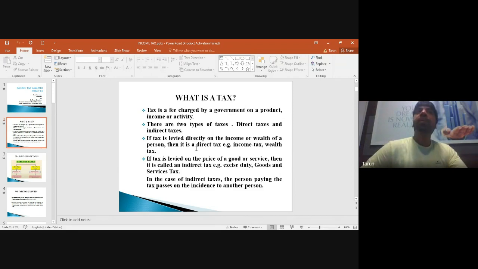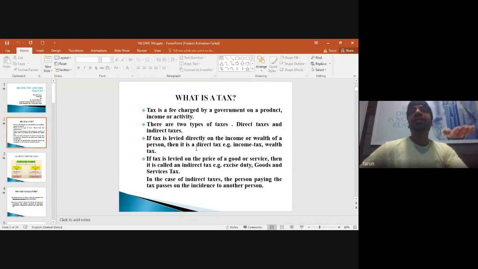For example, if a person is working in a company, he's a salaried person. The tax which is charged on his salary, on his income earned, is called direct tax. For example, we can say income tax, wealth tax and so on. These are all called direct taxes.